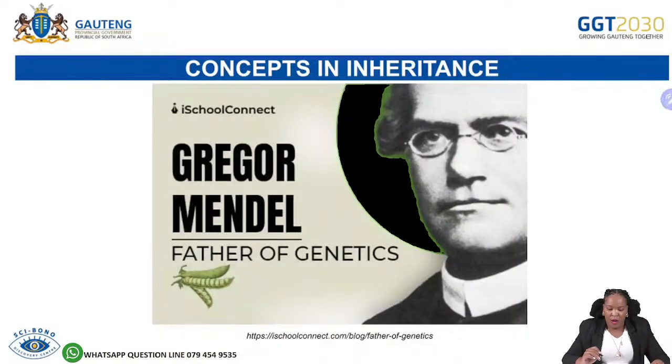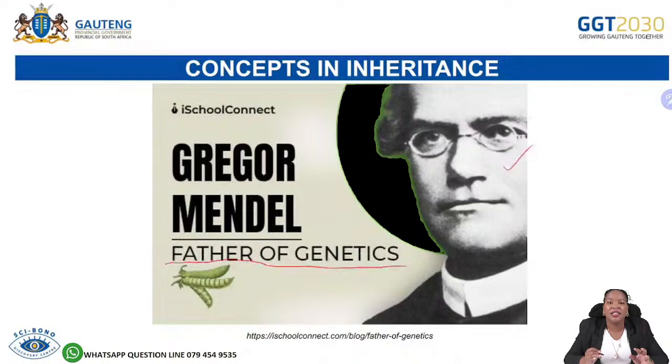Then those are just terminologies that you need to be able to understand when we talk about this topic in general. But let us look at this father of genetics. I hope you know about this man called Gregor Mendel. This is Gregor Mendel, and he is regarded as the father of genetics because he is the one who studied the peas.